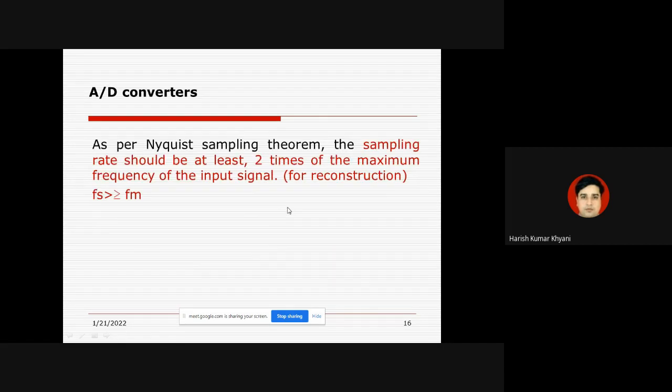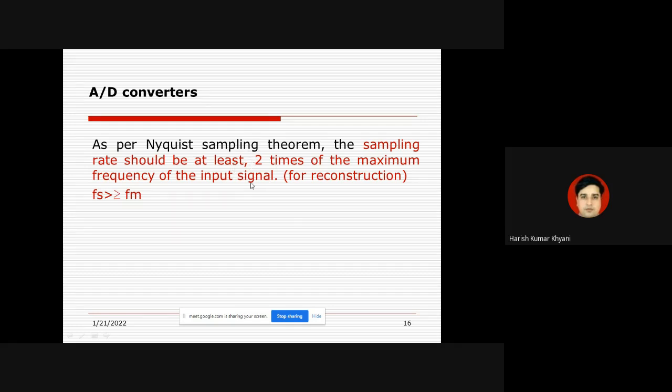Let us try to understand. This theorem is given by Nyquist, and it says that the sampling rate should be at least 2 times the maximum frequency of the input signal. In our next class, we will discuss the derivation of this theorem and why it is used.